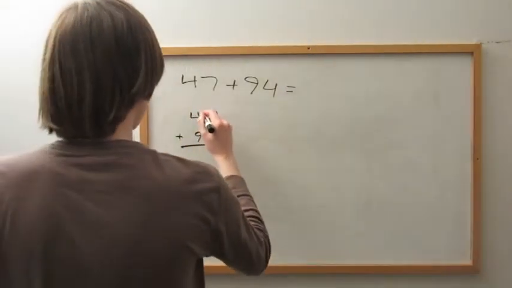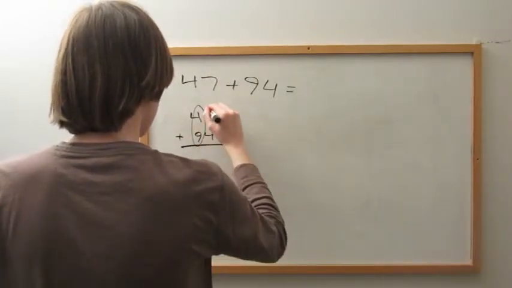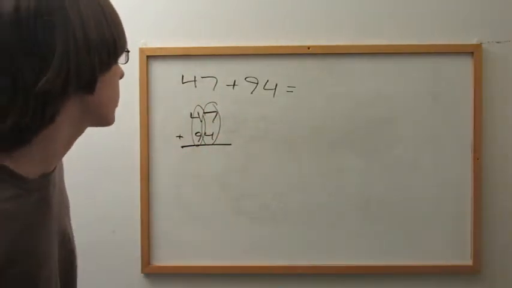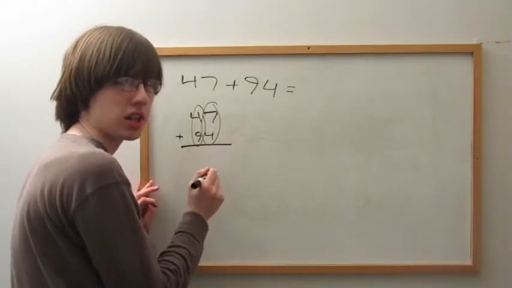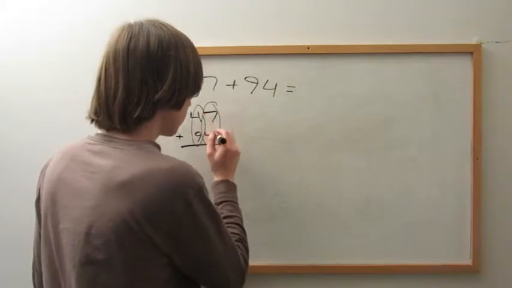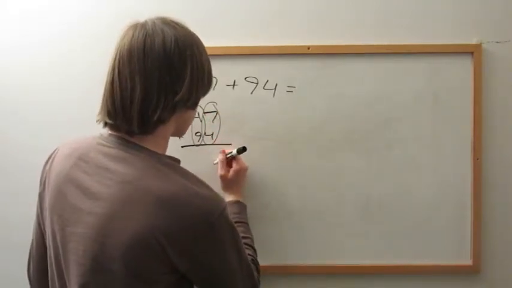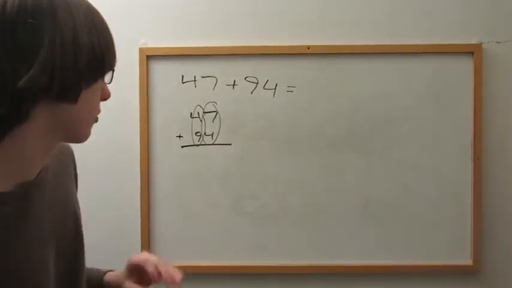You know how we were talking about groups, right? Within our original video? Because we can think of these as groups, we can actually add our lower level groups and then add our higher level groups after that. So 7 plus 4 is 11, okay? Now we're not going to actually write 11 here because remember that we have groups.